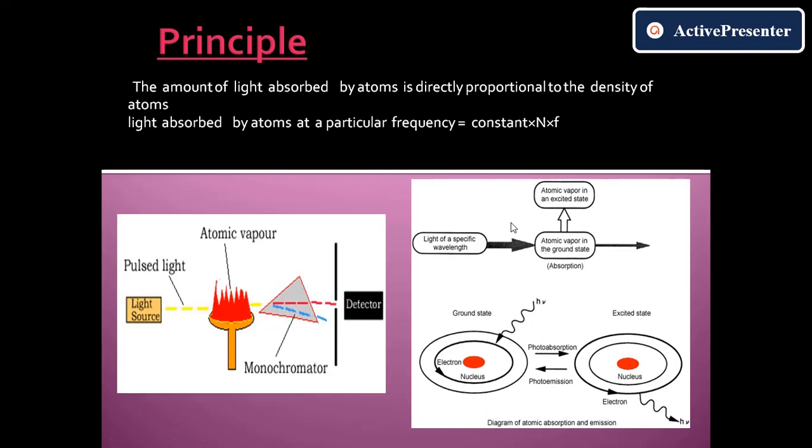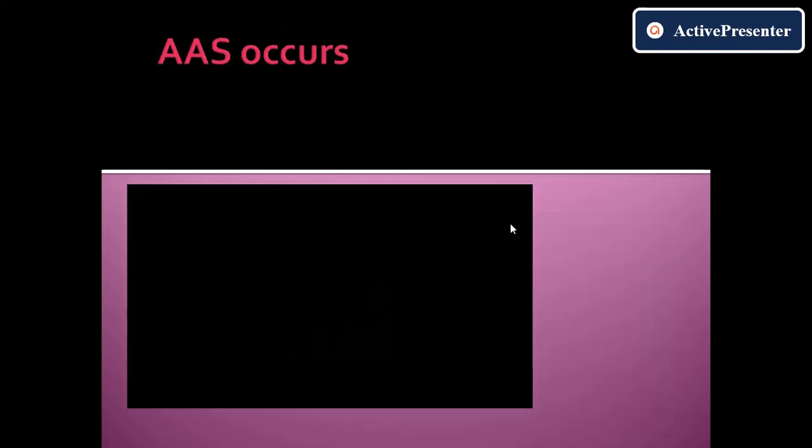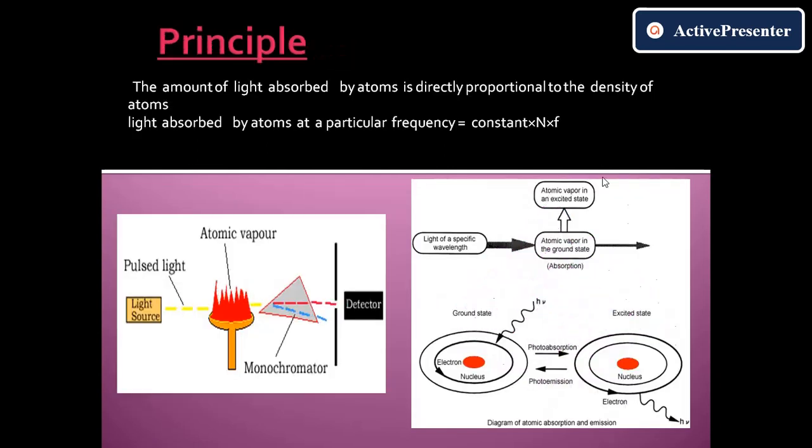You can observe here that light of a specific wavelength can be converted by two mechanisms, one is absorption and another one is emission. Here we have atomic vapor in the ground state and atomic vapor in the excited state. The atomic vapor in the excited state emits radiation.